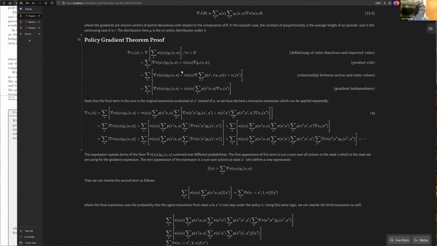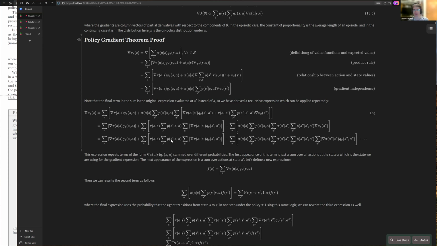But the point is, since we have this recursive expression, we can repeat that process again. And you notice there's this pattern here. I just continued the pattern one more step, where you can see that we just keep adding these terms where we sum over the actions times the policy at the actions. Then we sum over all the transition states times the probability of the transition states.